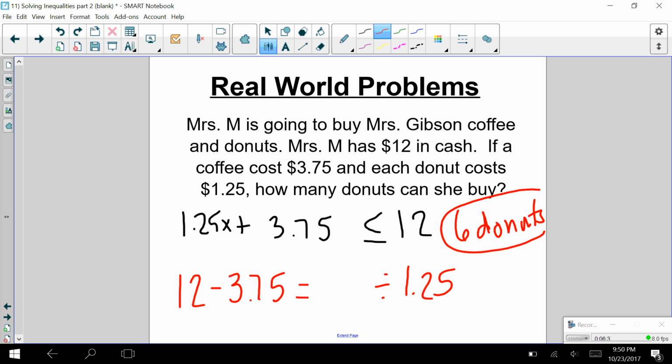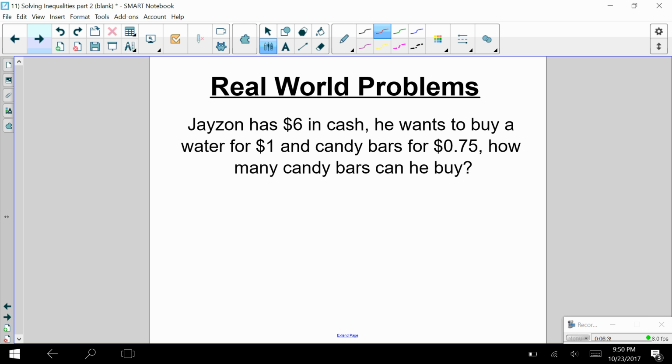All right, great. This last one, again, hit pause, write your inequality, figure out how many candy bars Jason can buy, and then hit play to see if you're correct. All right, so our multiple fee is 75 cents. The one-time fee is $1, and that amount has to be less than or equal to 6.